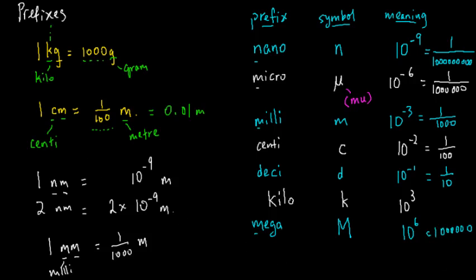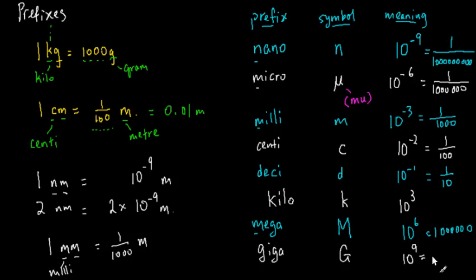And the last one that we are going to learn here is giga. You're probably familiar with giga these days because we talk about gigabytes in computer file memories. You might even have seen this big letter G for gigabytes. That's the symbol, the big letter G, and that means 10 to the power of 9.